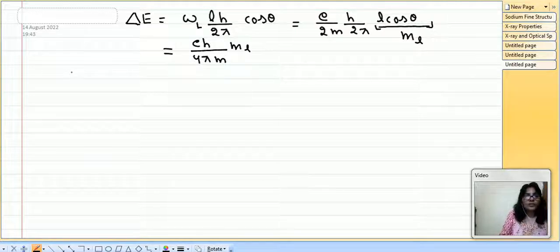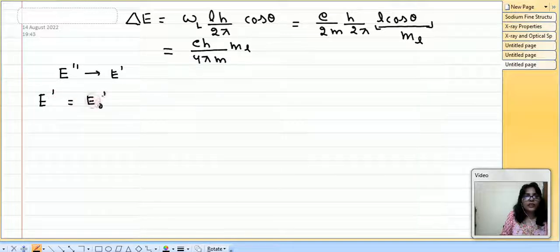So let us consider a single transition corresponding to E dash to E double dash, or E double dash to E dash. Suppose we have two energy levels, one is E double dash, another is E dash. Then what will happen to these energy levels? E dash is equal to E naught dash plus delta E dash, where E naught means the original energy and E dash is the changed energy.